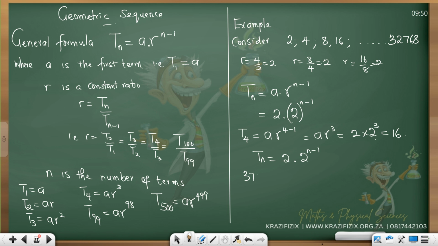Now 32768 is 2 multiplied by 2 to the power n minus 1. Divide both sides by 2. What do we have? I'm just lazy to get a calculator.